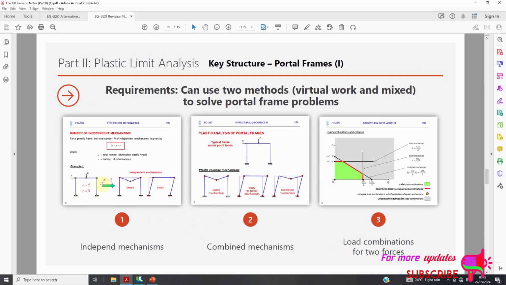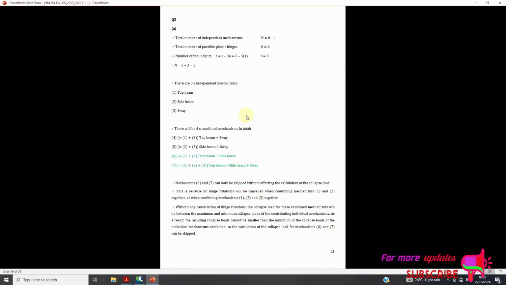The number of redundants in this, we are having 3 redundants, and for here we also have 3 redundants, given by this formula. So r equals 3. Now N equals 6 minus 3, which equals 3.